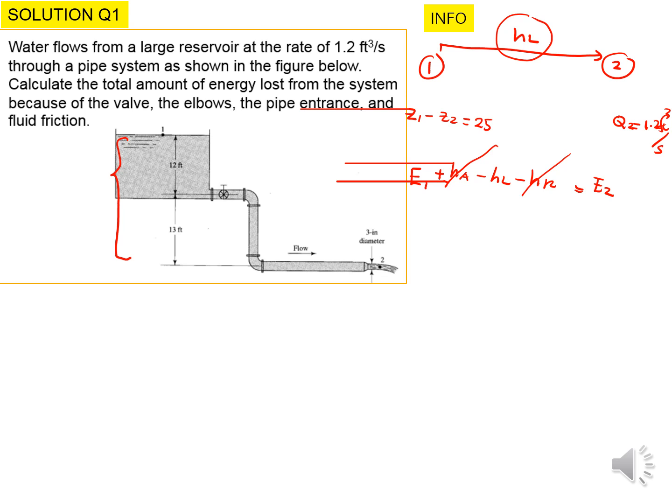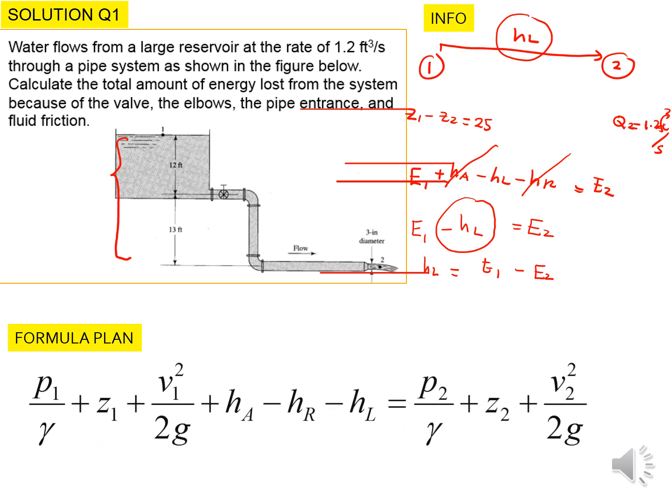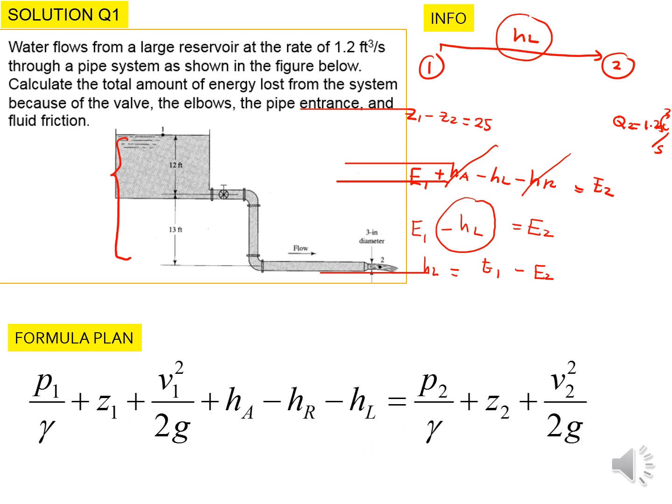So our equation will look like this: E1 minus HL equals E2. If we simplify this equation, our HL is actually E1 minus E2. And we know that this is the general equation of energy.